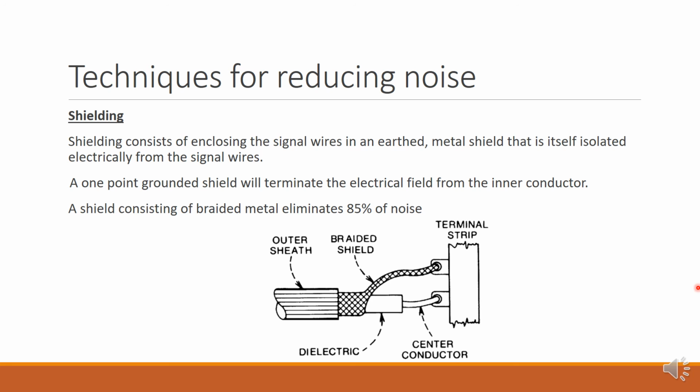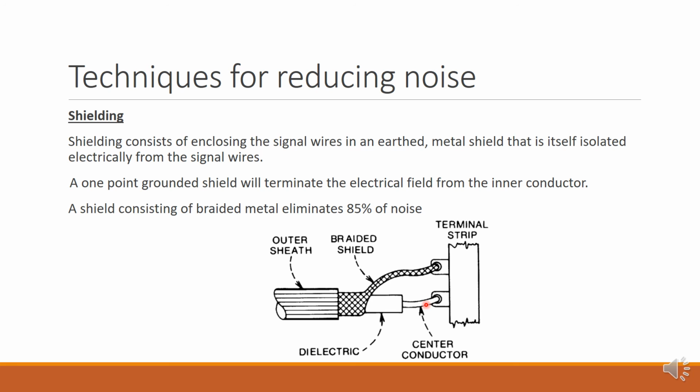A shield consisting of braided metal will reduce 85% of noise due to capacitive coupling. Inside, you can also see some of the core wires form a twisted pair, again to improve protection against induced noise due to nearby electromagnetic fields.